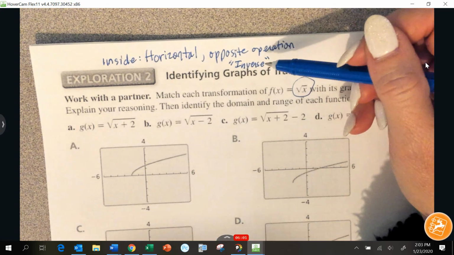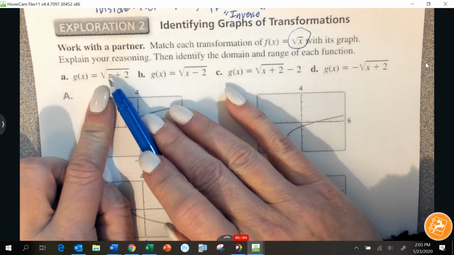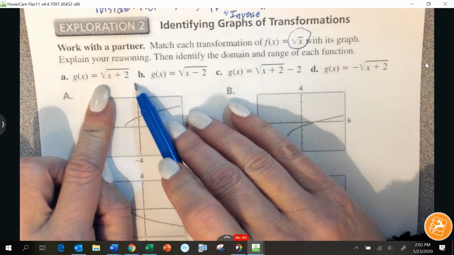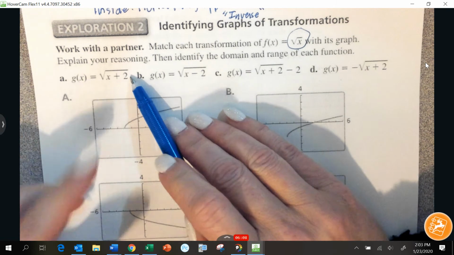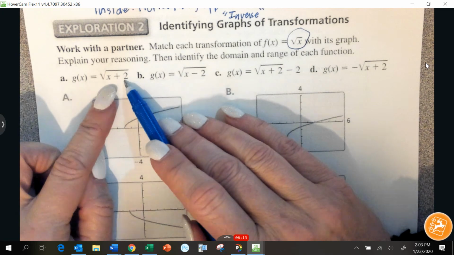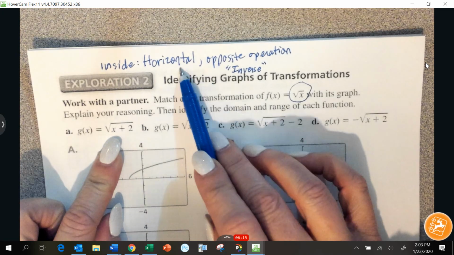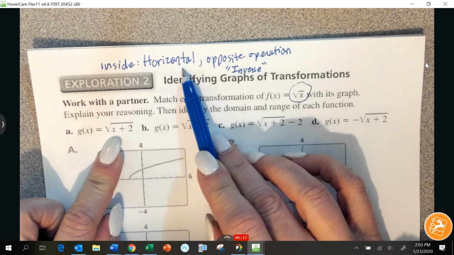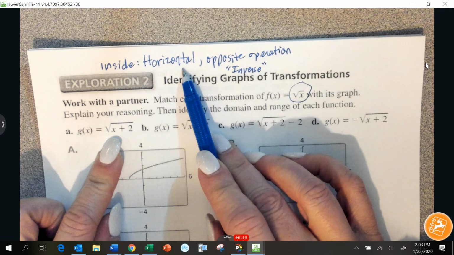Okay? So when I look at this first one and it says x plus 2, the plus 2 means what are we actually doing to the graph? We're doing a minus 2, but since it's inside, which direction are we going? Left.